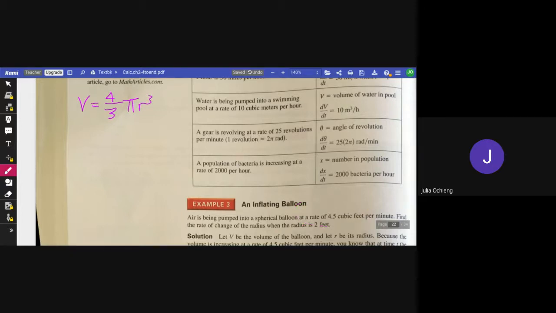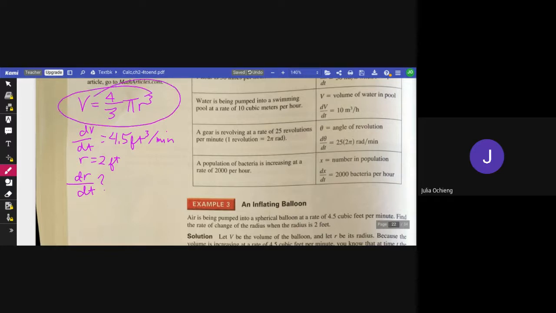The rate of change of the volume in terms of time, dV/dt, equals 4.5 feet cubed per minute. They want to find the rate of change when the radius is 2 feet, so they're looking for the rate of change of the radius in terms of time. That's what they're looking for.